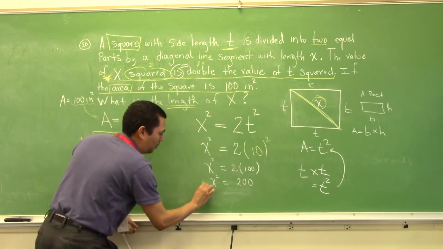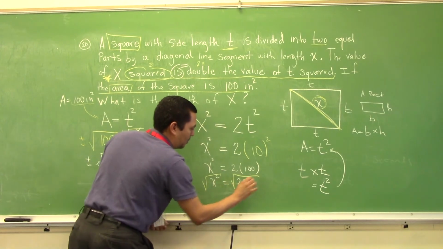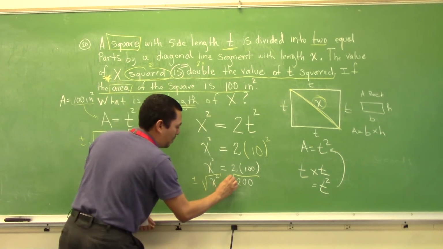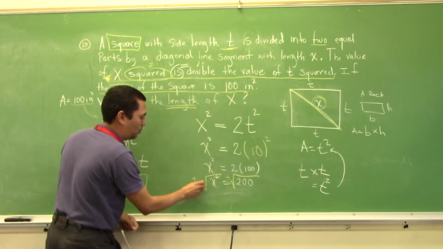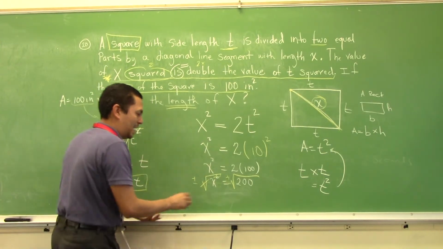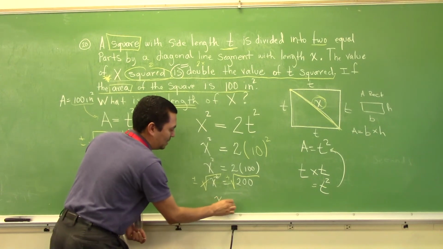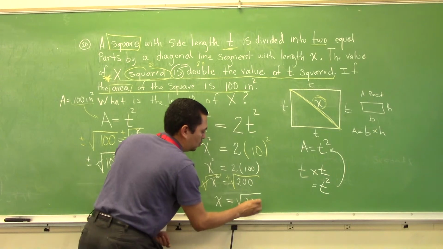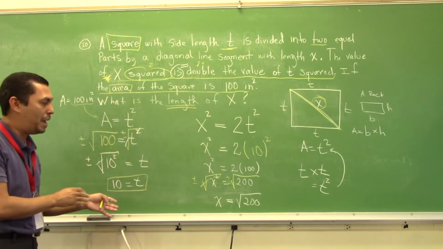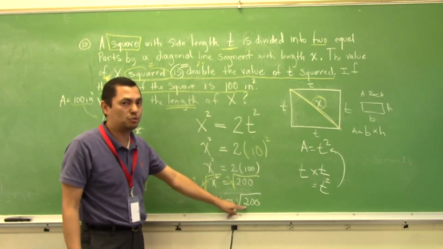And now, because we are calculating this diagonal, which is positive, I'm not going to use the plus or minus. I'm just going to take the square root. You can put plus minus, but remember that we are only going to use the positive, not the negative. So these two go away with the radical, and I have that x is equal to the square root of 200. Why do I leave it that way? Because 200 is not a perfect square.